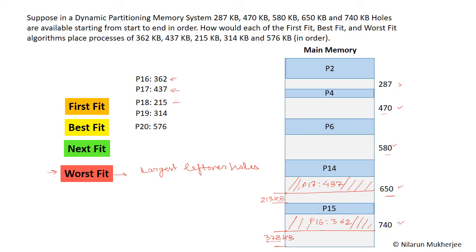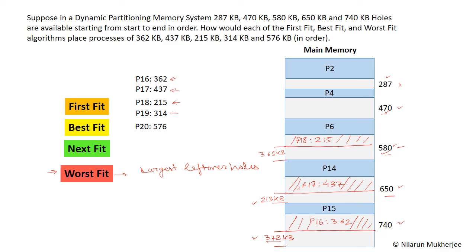Then the process comes, 215. Here it can fit, here it can fit, here it can fit, but among them this is the largest, so it will fit it here. So P18, 215, will be here, and the leftover will be 580 minus 215, 365 kb.